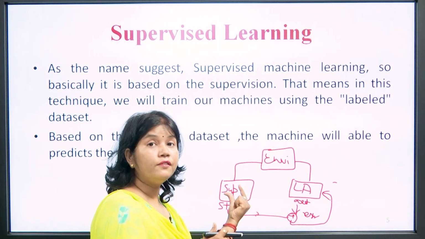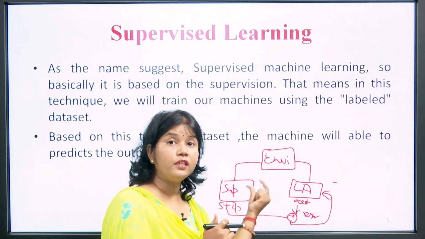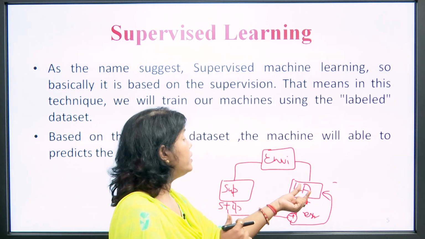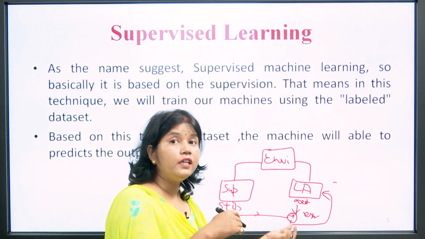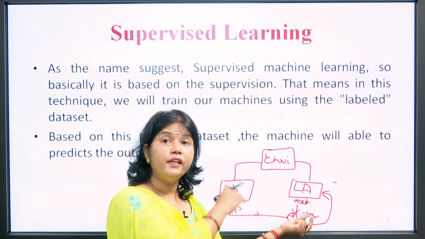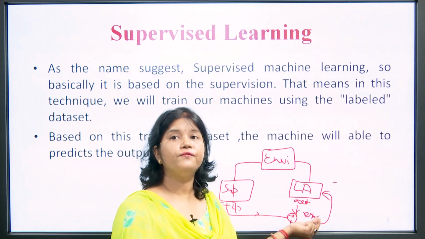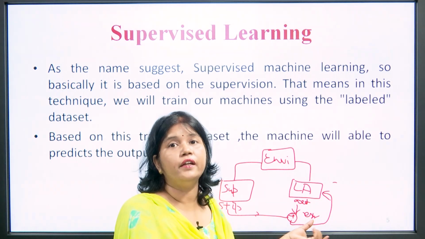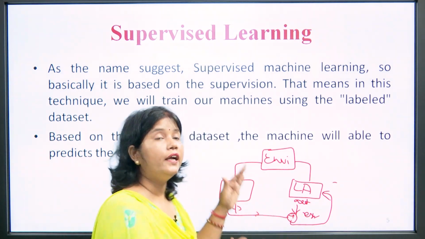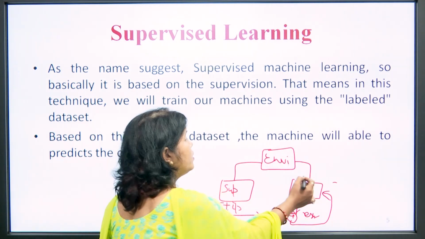So the supervisor will supervise things and guide the learning agent, and the learning agent does all the work. Whatever result the learning agent gets, it will check whether it is right or wrong, and if it finds any error, that is fed back again, and it takes input from the environment.